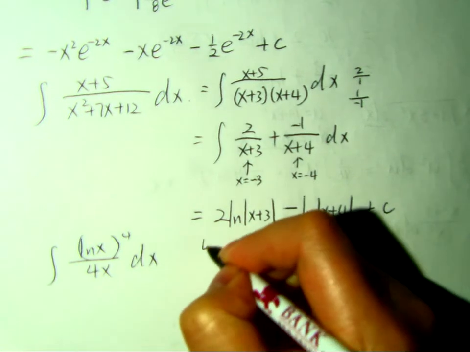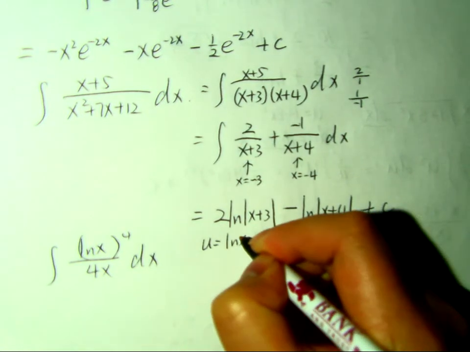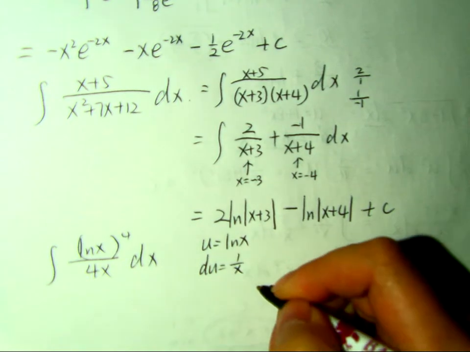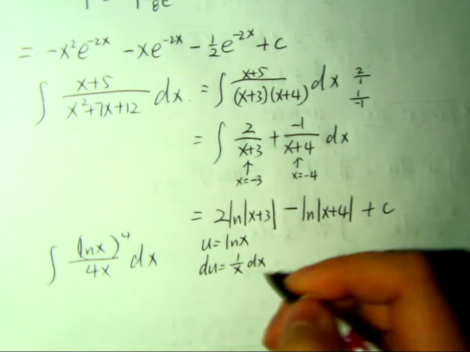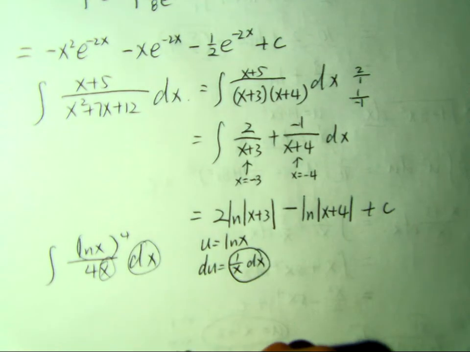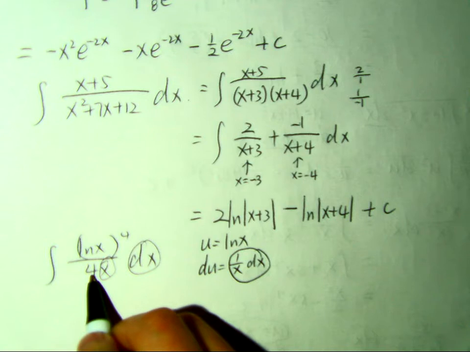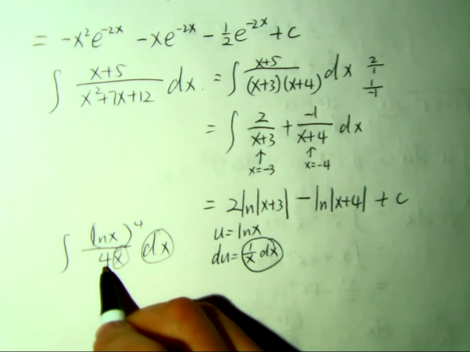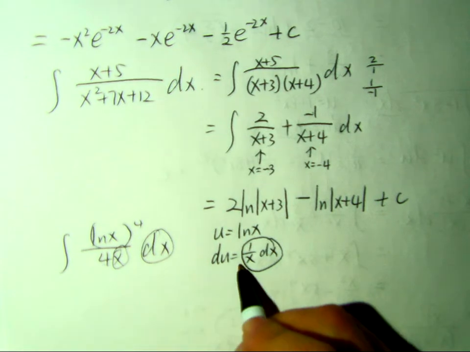We're using u substitution. u will be natural log of x, so du will be 1/x dx. This x and this dx will be cancelled. So we still have a 4 from the question. This time you do not take the reciprocal of this because that's the number you left over from the problem, not from your du.